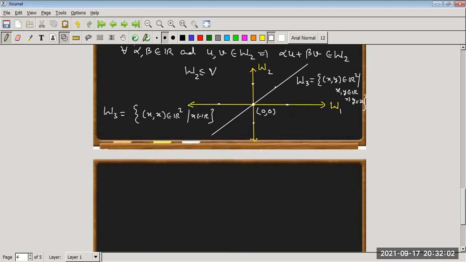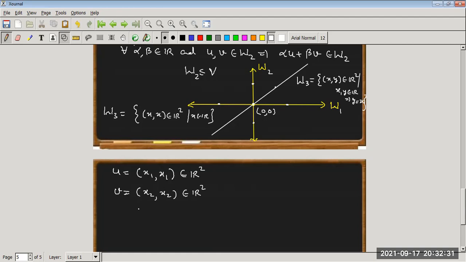Because all the entries in W3 are the same, (x, x), if we take u equal to (x1, x1), this belongs to R2, and v equal to (x2, x2), this also belongs to R2.